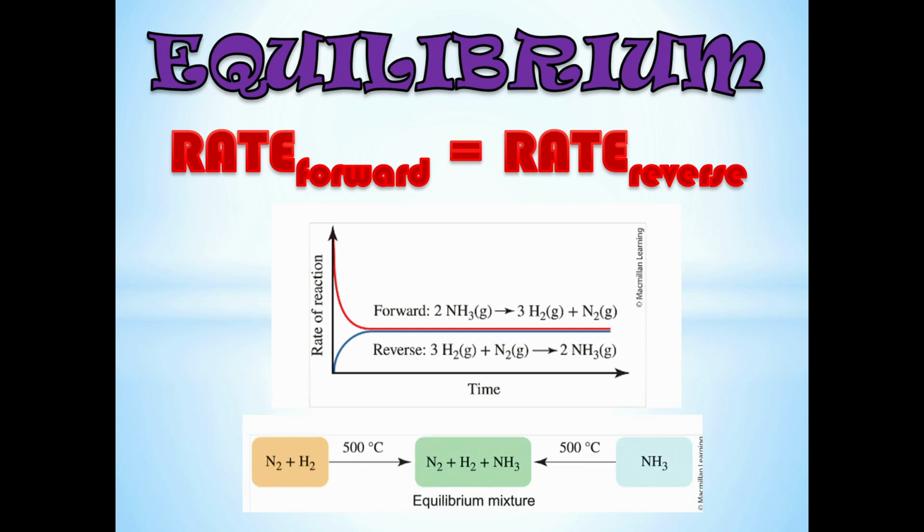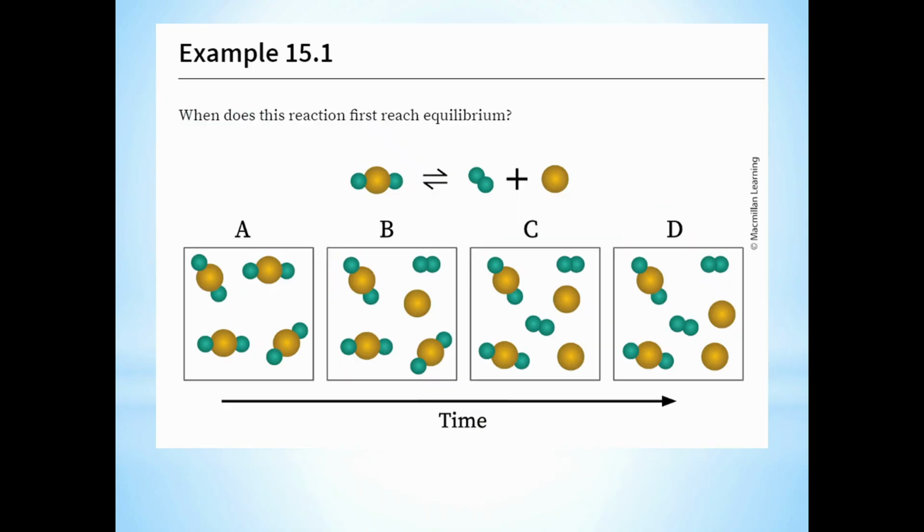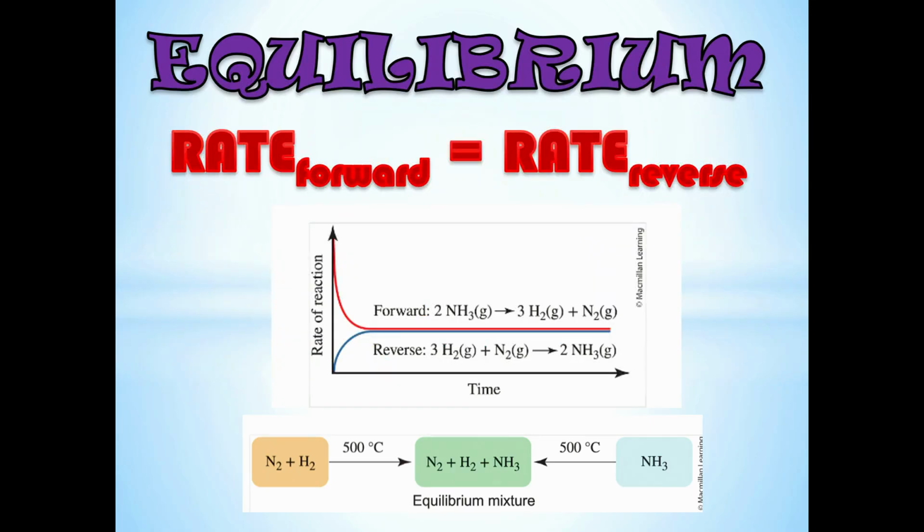So this is the reaction that I had. So at equilibrium, we have a situation in which for every forward reaction, we have a reverse reaction. And the reaction will look like it stopped. The reaction appears to have completely stopped.